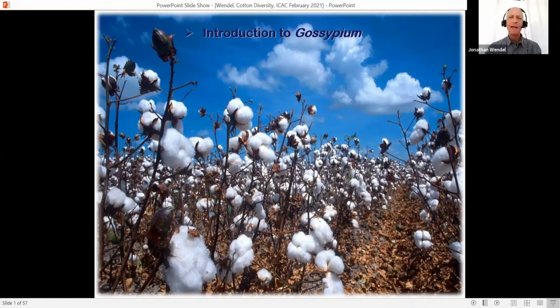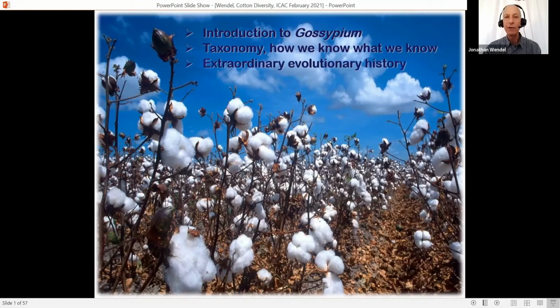And it turns out that the genus Gossypium, which includes the cultivated cottons, has this extraordinary evolutionary history. So I'd like to talk about that evolutionary history today, in the process covering what we know about its taxonomy, how we know what we know, the evolutionary relationships among the species, just to scratch the surface of this incredible, extraordinary evolutionary history that has been pieced together by many workers over many, many years.